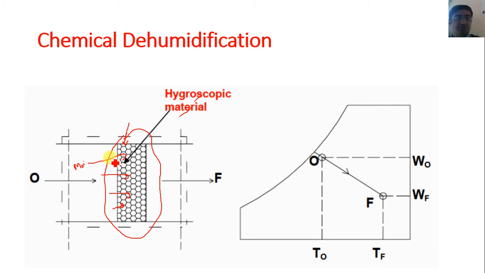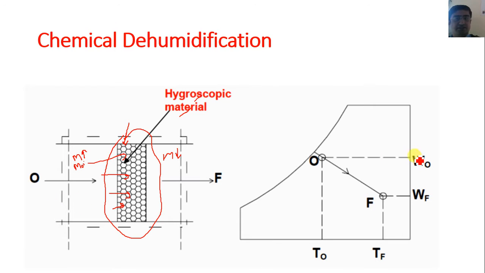So as you can see, the moisture content gets absorbed by this hygroscopic material, and at the outside the air becomes dry. Here you can see the moisture content inside is higher, but at the outside the moisture content is lower.